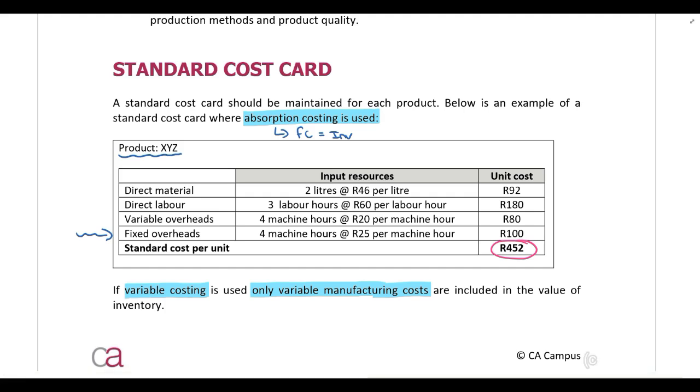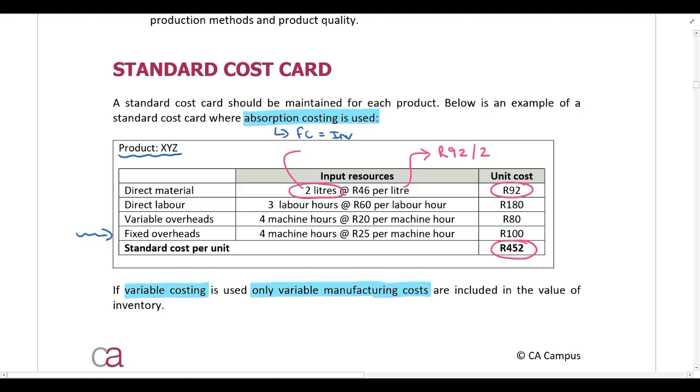Now, it's important to note sometimes this information won't be provided in such detail, and you might be required to work backwards and calculate certain inputs. So let's say, for example, they don't give you the cost per liter of 46 Rand. They just tell you that the unit cost is 92 Rand and you require 2 liters of material in order to make one product. Then obviously you can calculate the cost per liter by taking the unit cost and dividing by the number of liters.